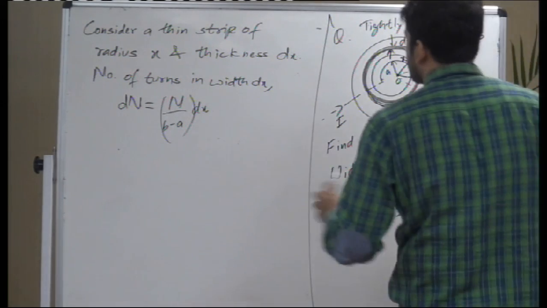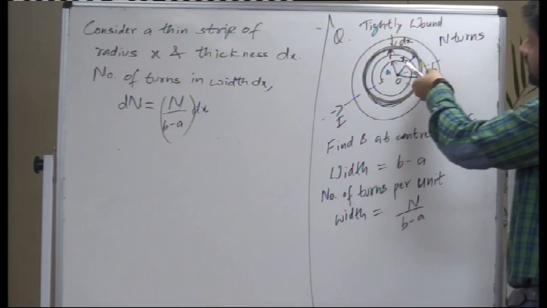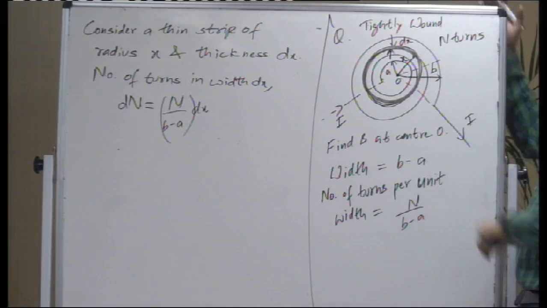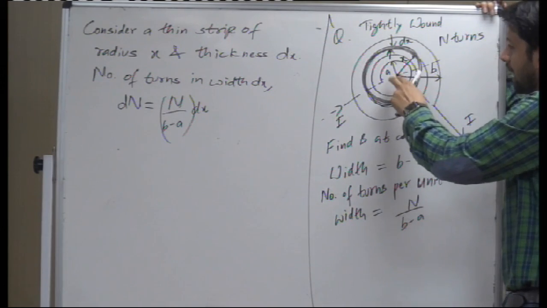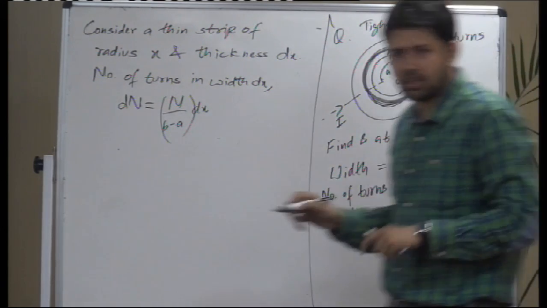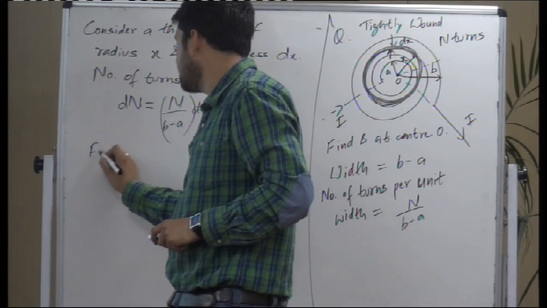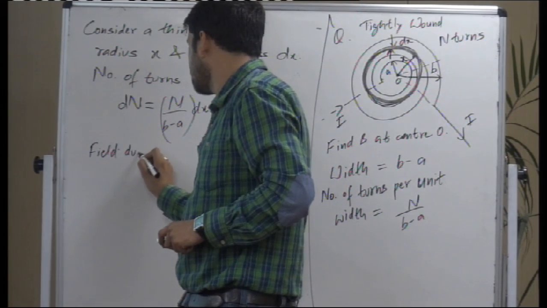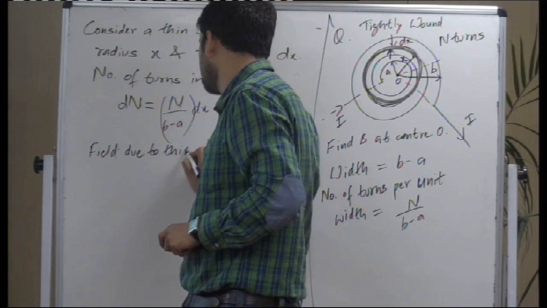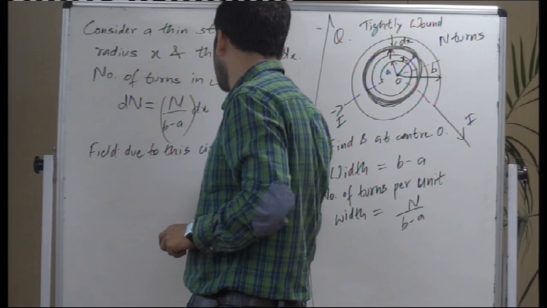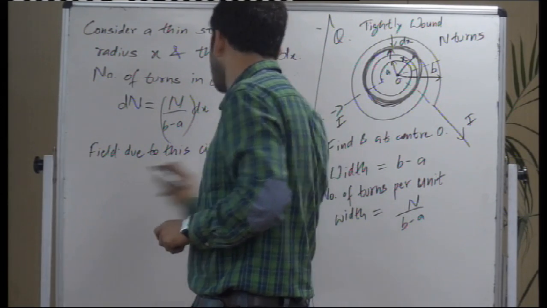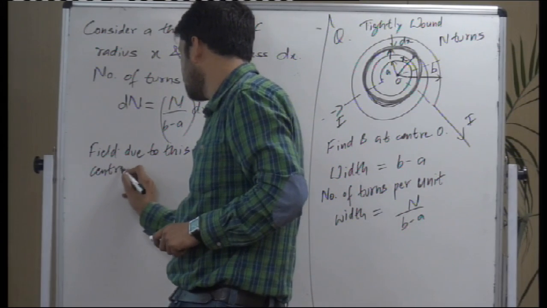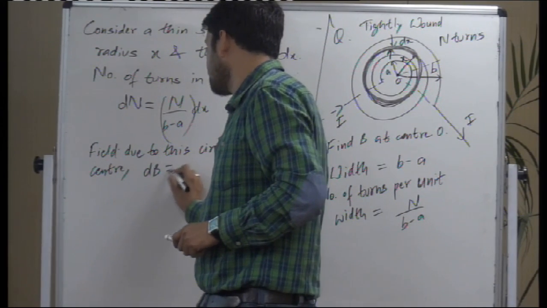Now since this is a strip, it is in the form of a circular ring or a coil. So you can calculate the field at center due to this coil. Field due to this circular strip at center, dB is how much?